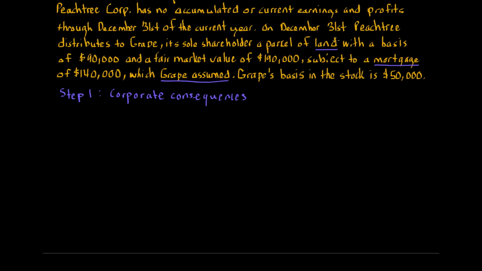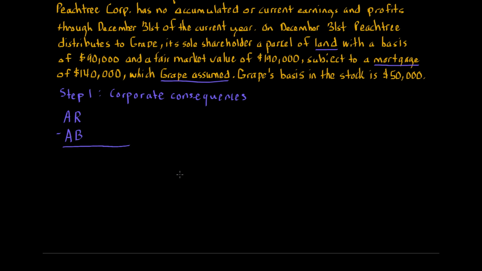However, when there's a property distribution like we have here, which is a property other than cash, like land, we're going to take the amount realized minus the adjusted basis of that piece of property, and that gain, but never loss, must be recognized.